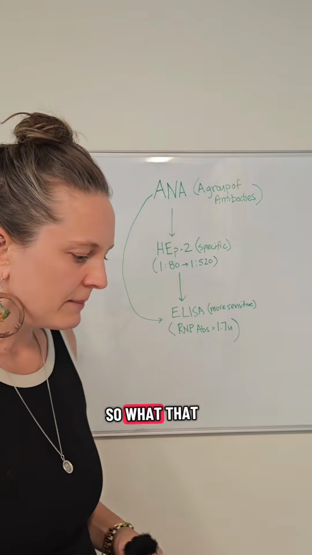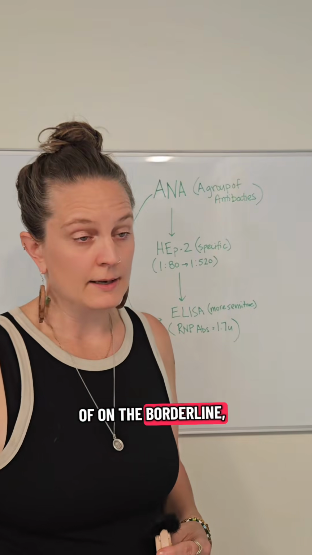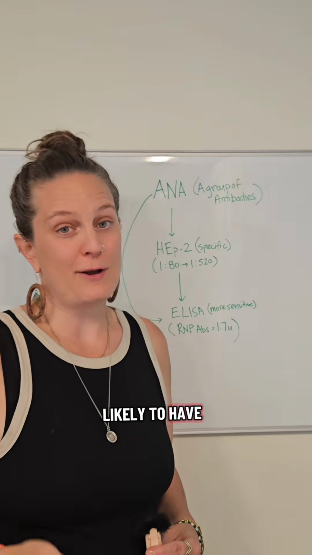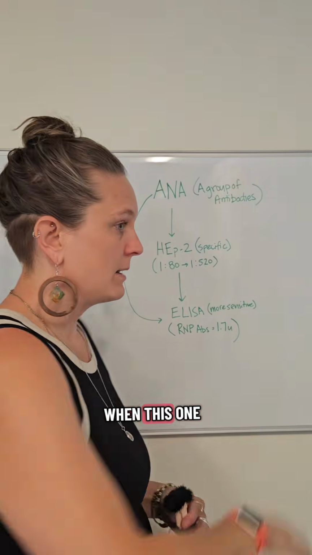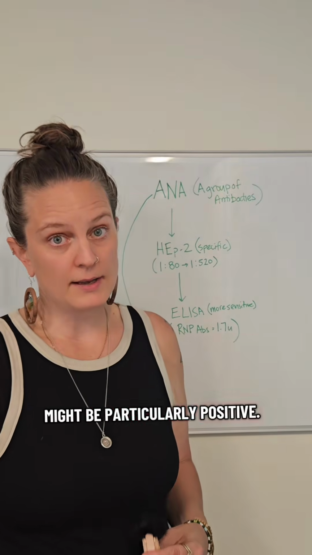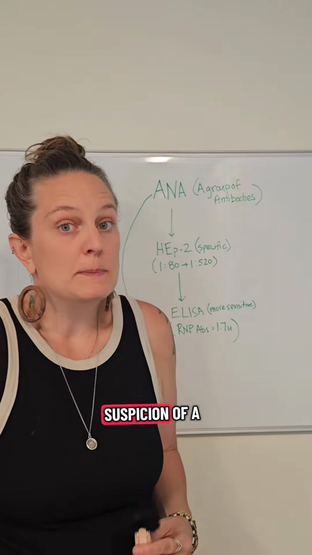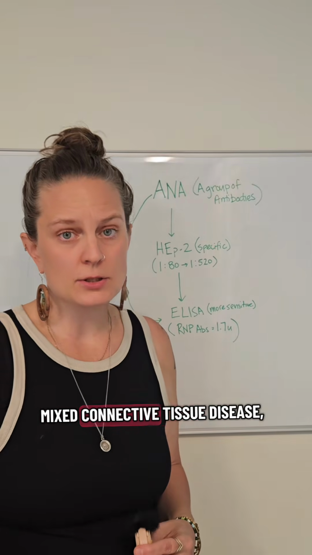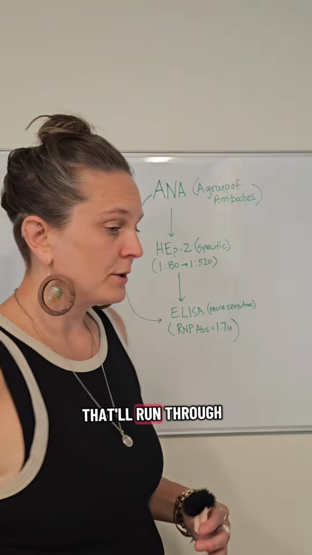Okay, so what that means is if you run an ANA and it's on the borderline, it is going to be more likely to have false negatives, meaning that this might be negative when this one might be particularly positive. But in short, what ends up happening is that if we have a really high suspicion of a certain disease, say lupus or mixed connective tissue disease, we'll run an ANA, and that'll run through an IFA.